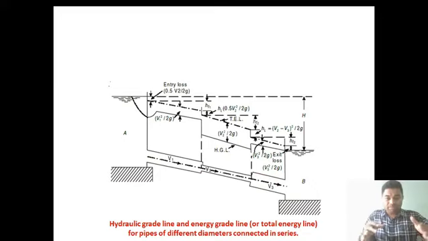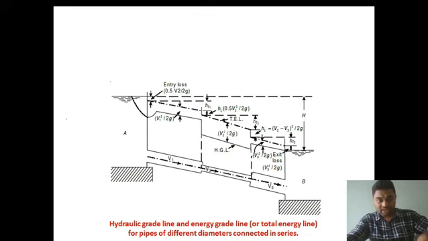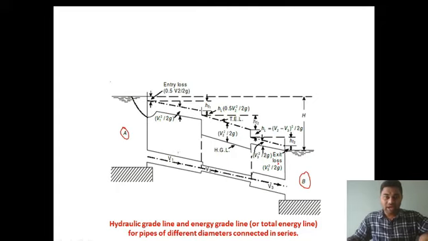Let us see one more example of the hydraulic grade line when different pipes are connected in series. Look at the figure over here. There is a reservoir A. The water is being pumped from reservoir A to reservoir B, but look at this pipe.